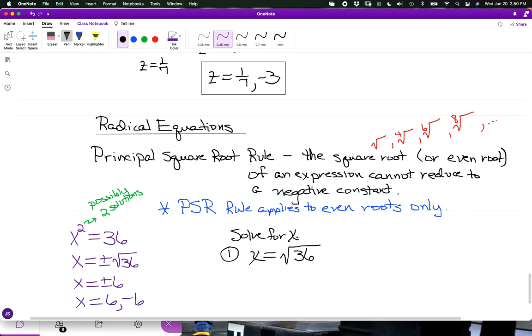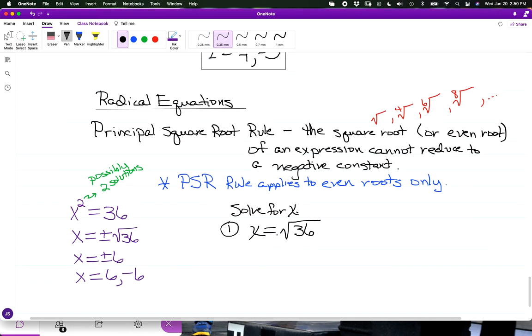If you notice, we don't have x to be of second degree from the start. It's just a first order, so likely there's going to be only one solution. And so with x equal to the square root of 36, like if you were to enter 36 into your calculator and then take the square root, x would end up going to 6.